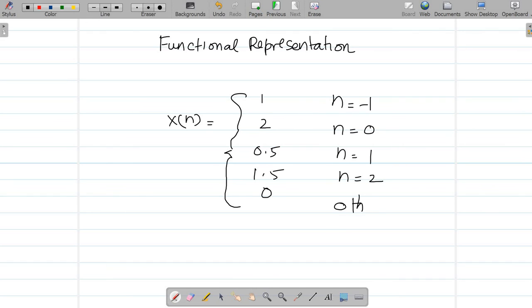This is also a finite duration sequence because it has samples only between n is equal to -1 and n is equal to 2. Otherwise, it has a value of 0. So this is known as the functional representation.